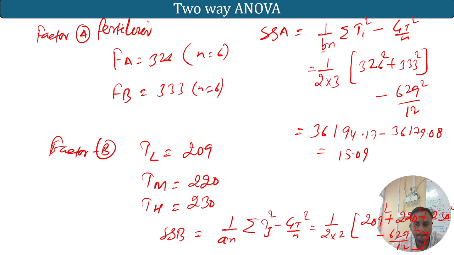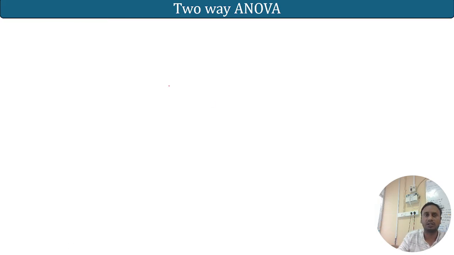Yes, sir. So it will come to 36245.25 minus 36179.08, so the answer will be 66.27.